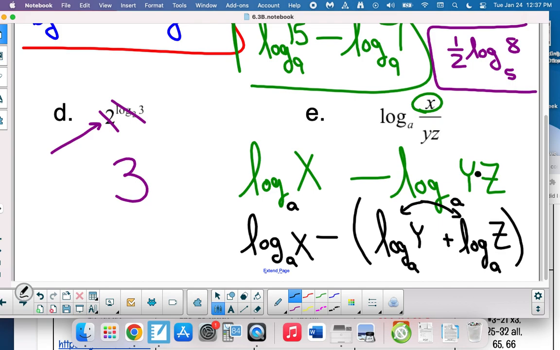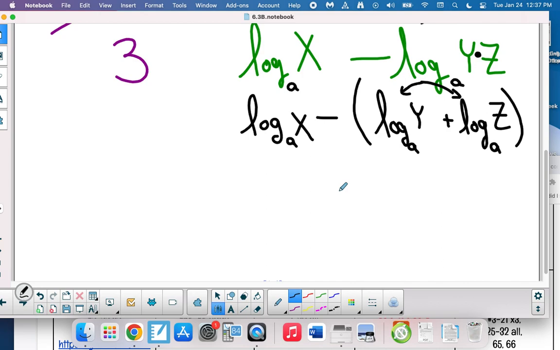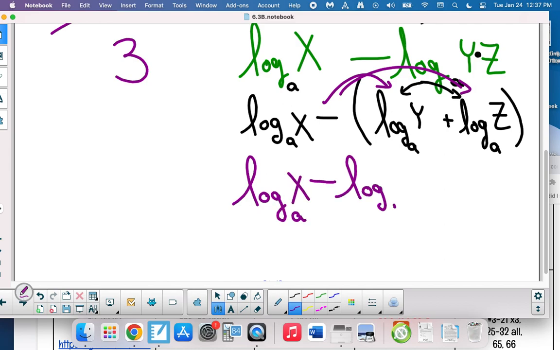Now, if this is where you quit on the test, I'll give you credit as long as you have the parentheses. Some students will say, well, that negative, I can run it through, and it would just be log base A of X minus log base A of Y minus log base A of Z. Just so you know, put a star here, put a star here.